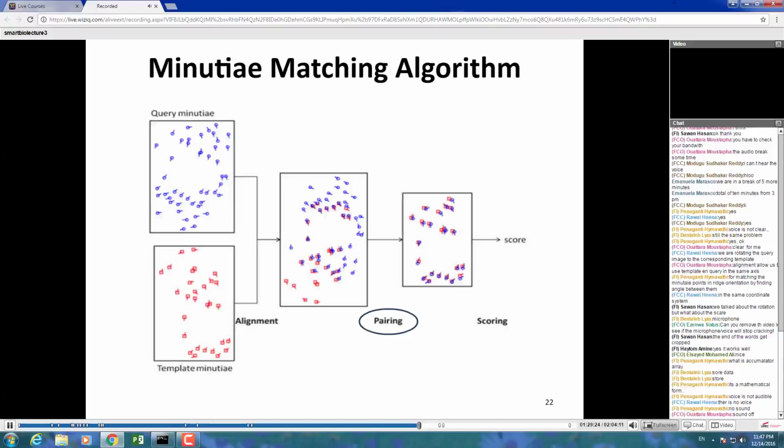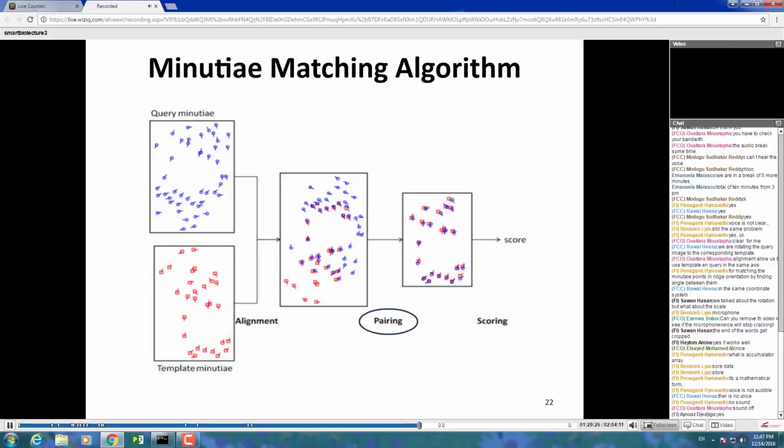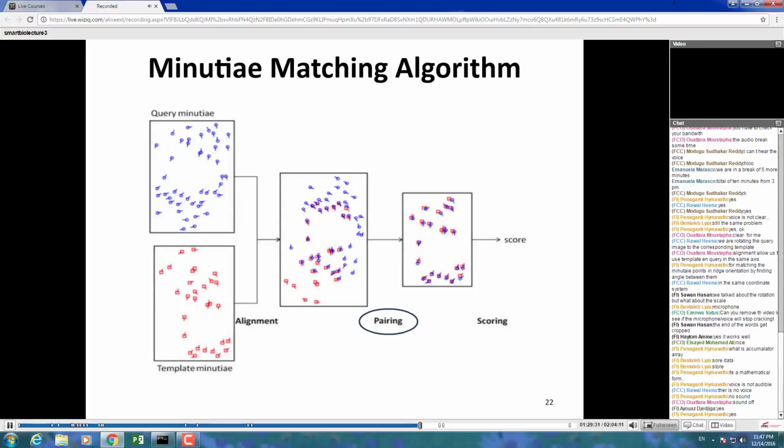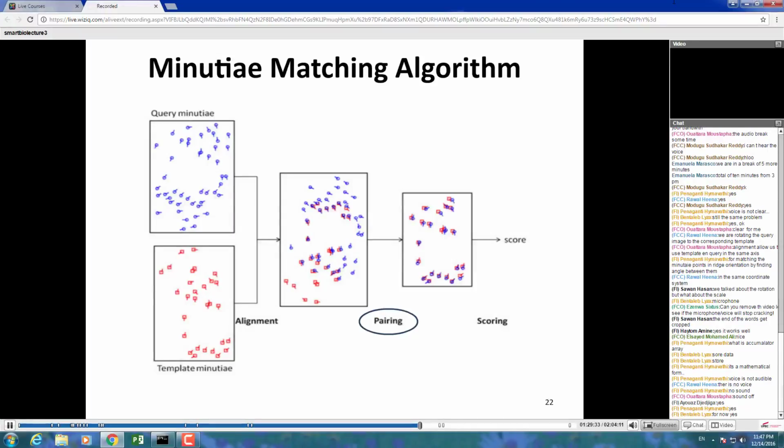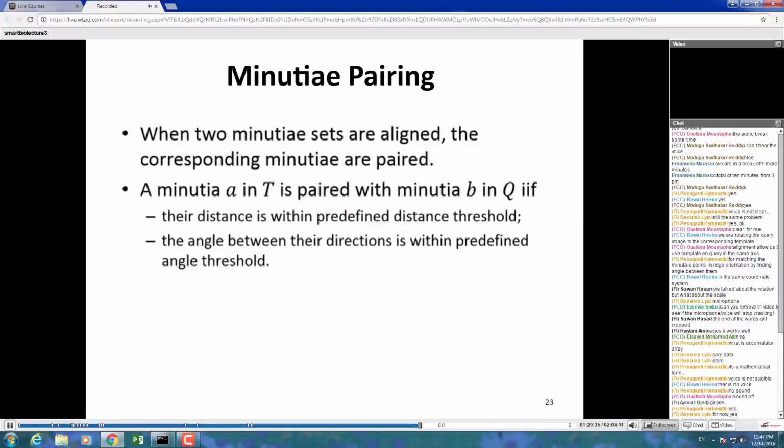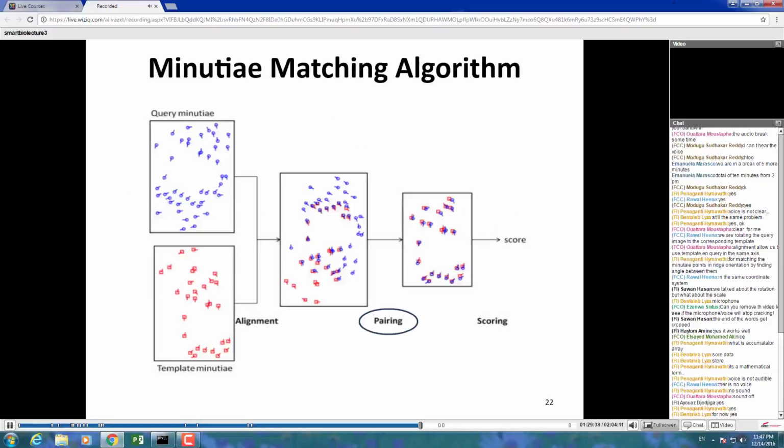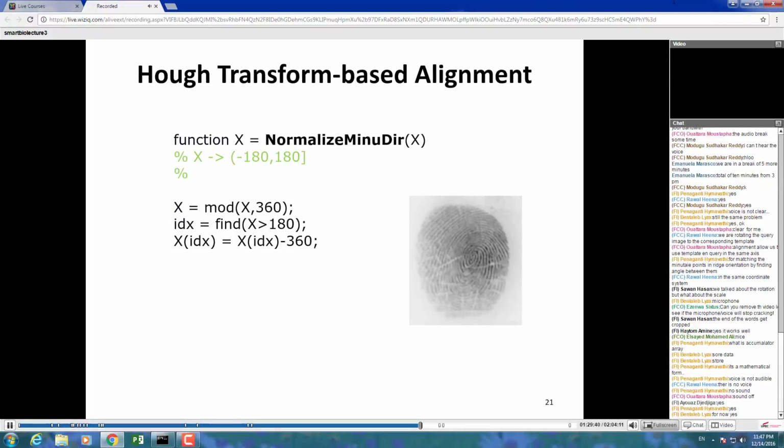Yes, so we have seen some code about the Hough transform. We now are in the, okay, the alignment was explained. I just gave some explanation about what was in the slides.